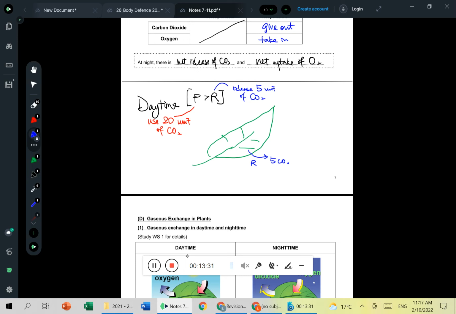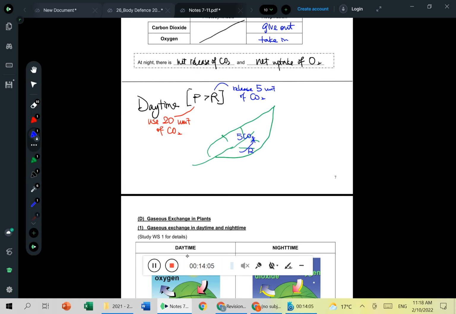Because all these 5 CO2 would be directly used by photosynthesis already. Okay, so that's thinking number one. All the CO2 released by respiration would be directly used by the leaf already.